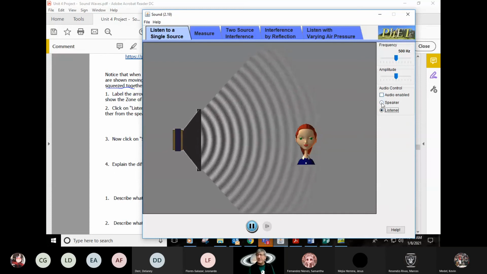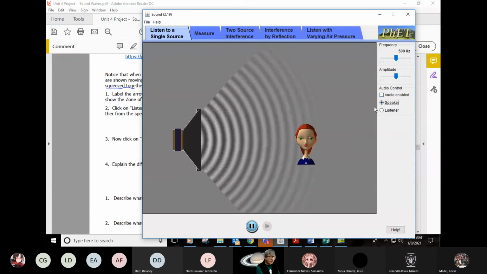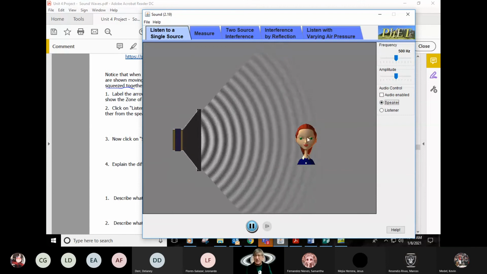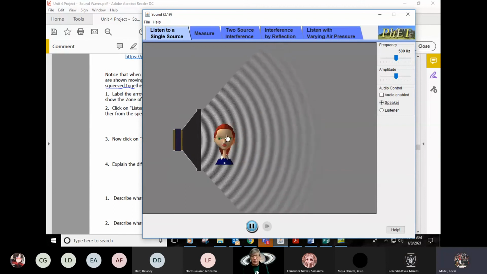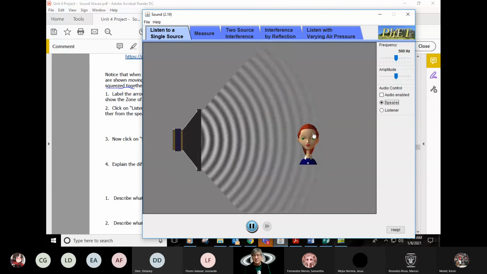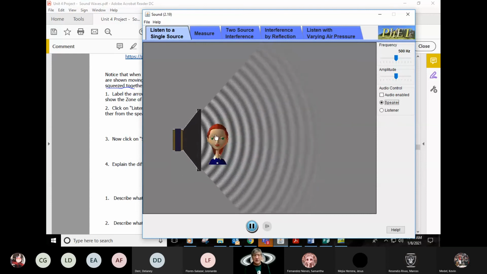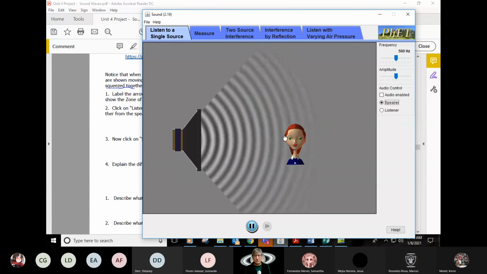For question 3, if I click on speaker, this is the sound of the speaker itself, and I can move her, and it doesn't matter where she is, because this is the sound coming directly from the speaker that we're hearing now. It doesn't change at all, does it? For question 3.